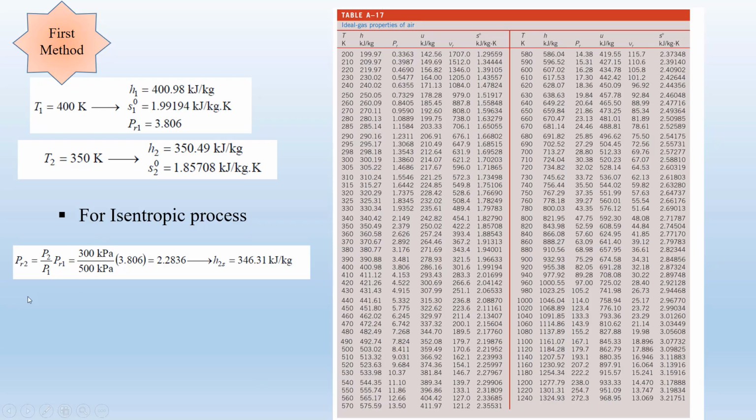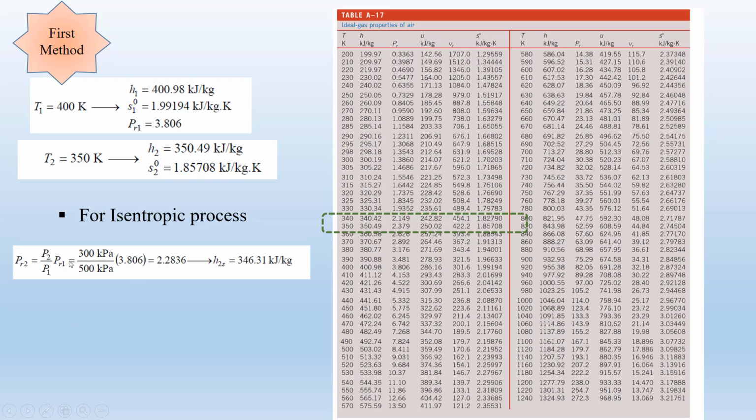So for variable specific heats, you can write from the previous lecture P2 over P1 equals PR2 over PR1, correct? P2 and P1 are known. You have PR1 for T1. So from here you can find PR2, correct? Now you have PR2, and then you can find H2S, and also T2S from table A17.